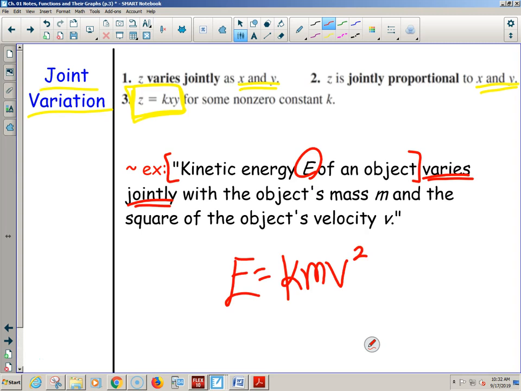Okay. The square of the object's velocity. So jointly just says, hey, you're looking for more than one. Just keep an eye open on the "and." And as always, keep an eye open for any mathematical terms that might fit in as far as the squared or the root or the cubed or whatever other quantity.